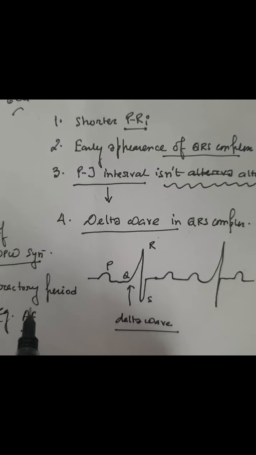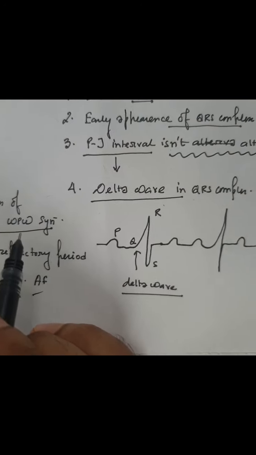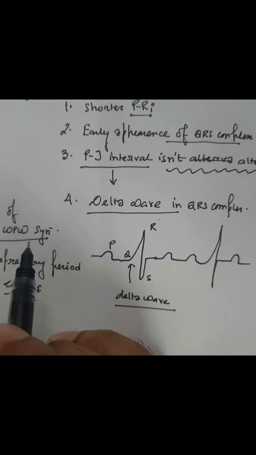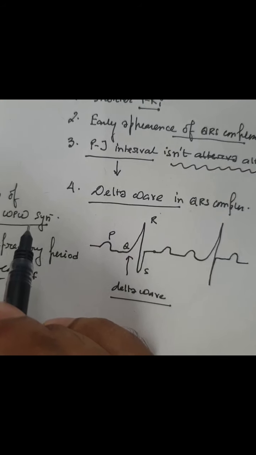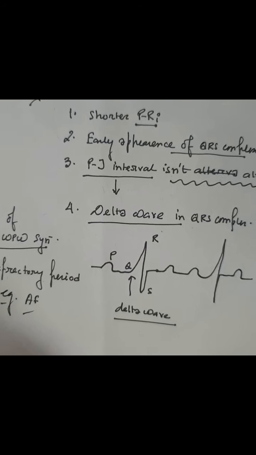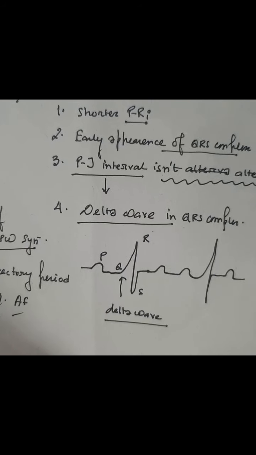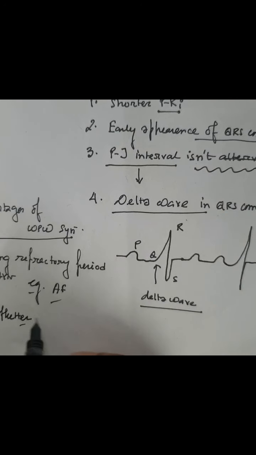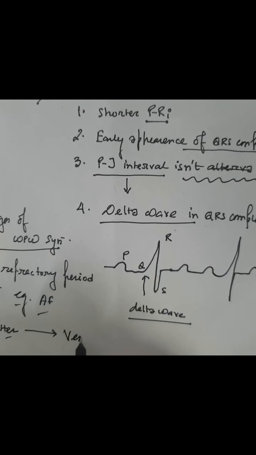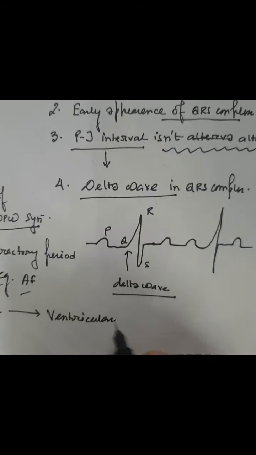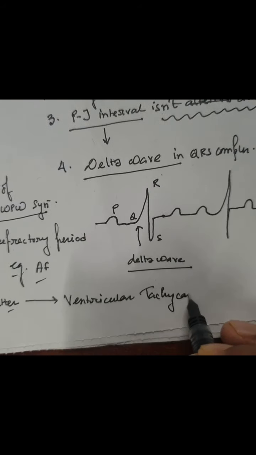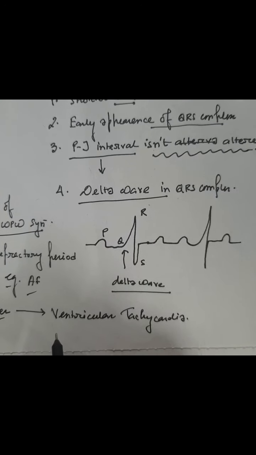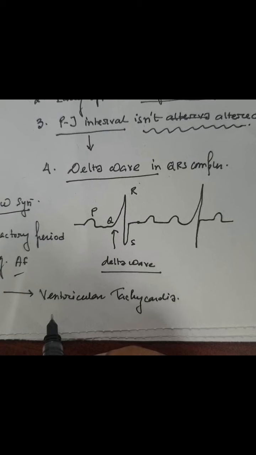This does not happen in WPW syndrome, because there is an accessory bundle between the atria and the ventricles which connects them, bypassing the AV node with no nodal delay. If there is atrial fibrillation, atrial flutter or a high rate of atrial contraction, then ventricular tachycardia develops due to the presence of this Kent's bundle, and this is very much lethal.